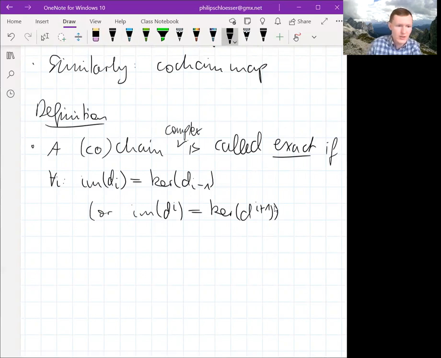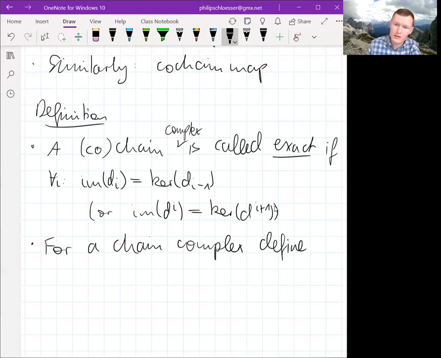And we can now measure how much a complex fails to be exact by defining the homology and the cohomology groups. For a chain complex, define the ith homology group H_i(C) to be the quotient of those two things.